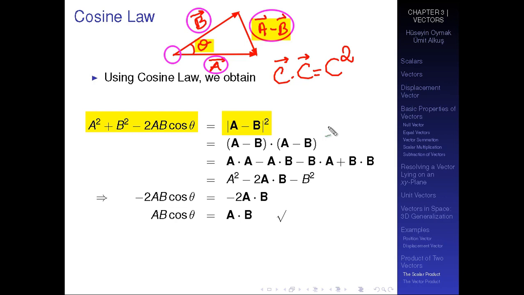Then we are free to write that this is equal to A minus B dot A minus B. For the reason that scalar product is distributive over vector summation, we obtain that A dot A minus A dot B, again minus B dot A plus B dot B.